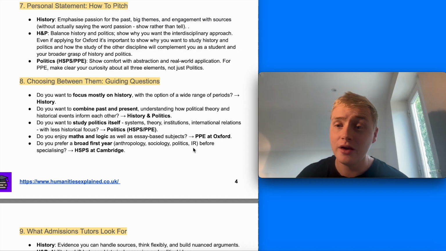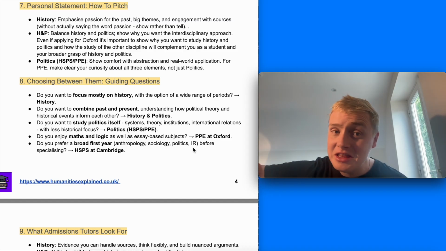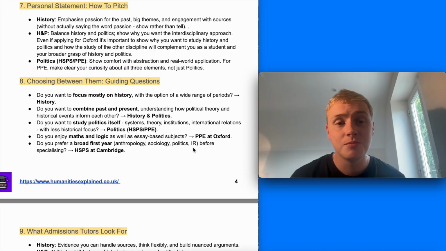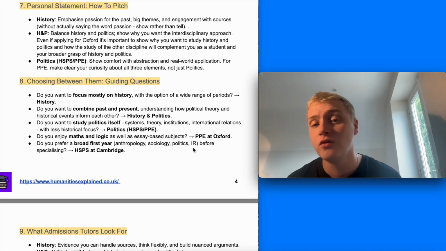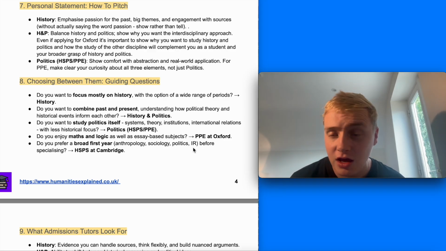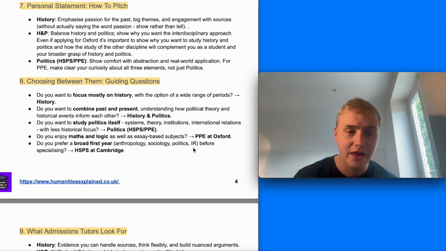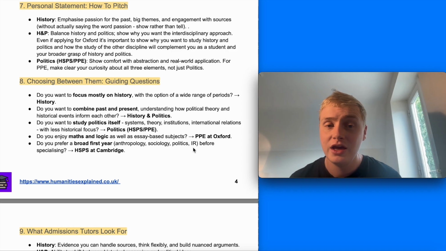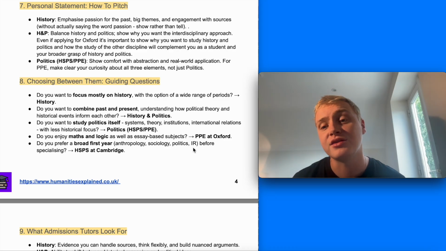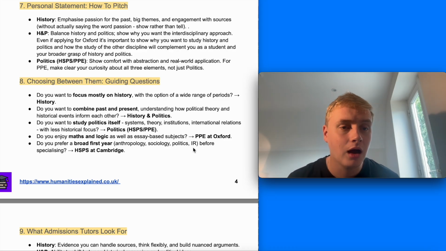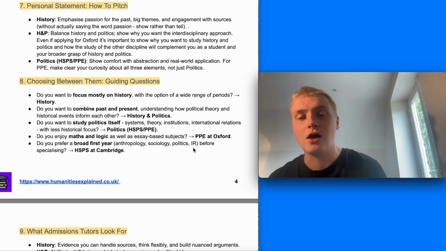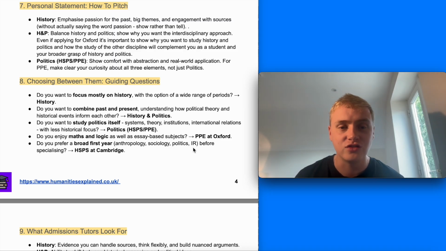So guiding questions, if you're choosing between them and looking to decide: do you want to focus most on history with the option of a wide range of periods? Then go for history. If you want to combine the past and present, you find that really interesting, including through political theory and a history of political thought, history and politics is really good, particularly at Cambridge for history of political thought. Do you want to study politics itself, systems, theories, institutions, international relations?